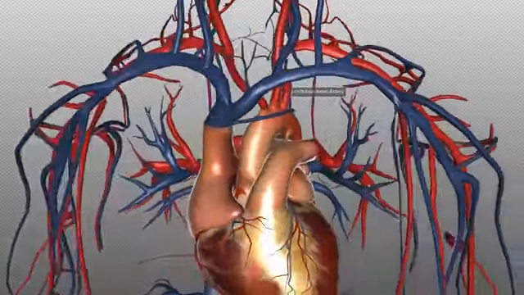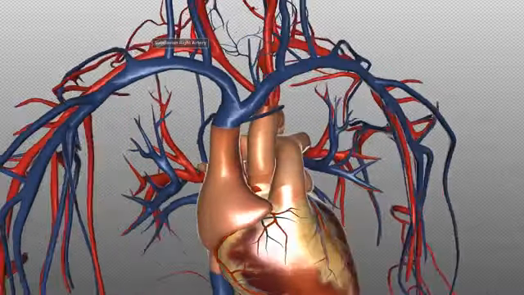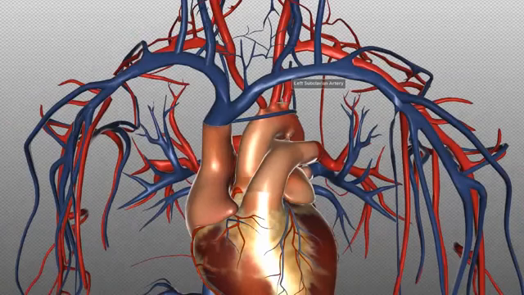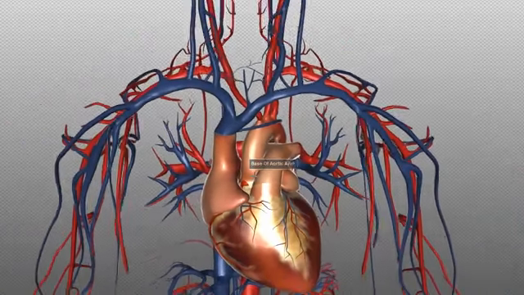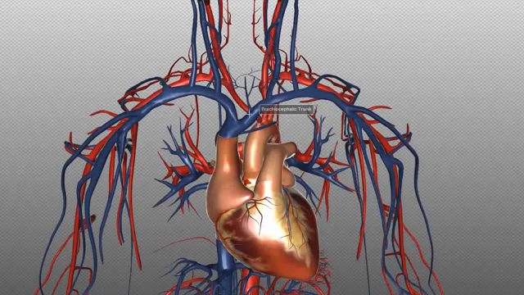So just like you've got the right subclavian artery here, you've got the left subclavian artery here. So it is a little bit confusing because you've got one of the branches which is the left common carotid artery, but this branch is the brachiocephalic trunk, which later separates into the right common carotid and the subclavian artery.